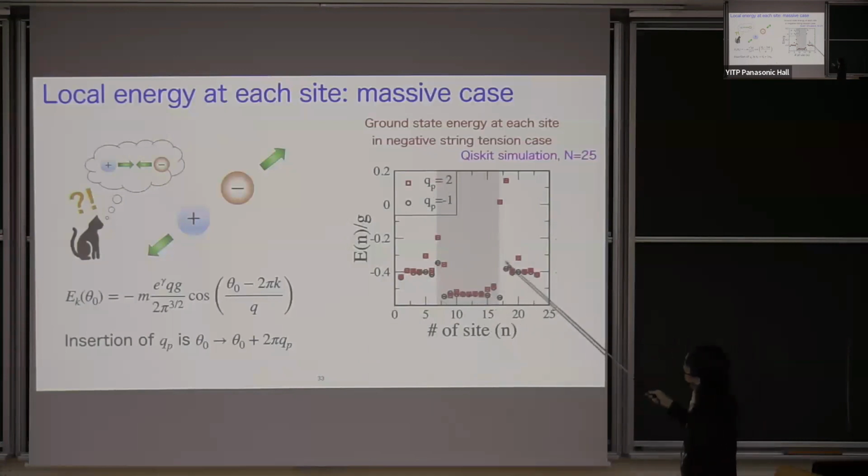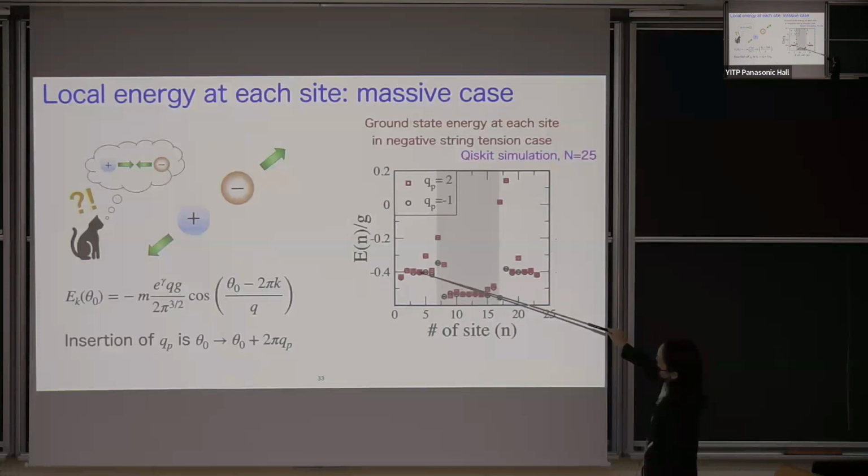This is a Qiskit simulator result of N equal 25. And you see the shadow region is inside of the Wilson loop. And you see the energy inside the Wilson loop is lower than the one outside of the Wilson loop.